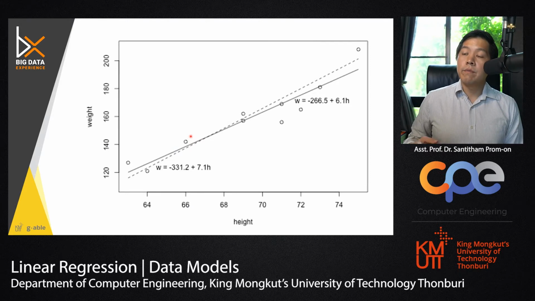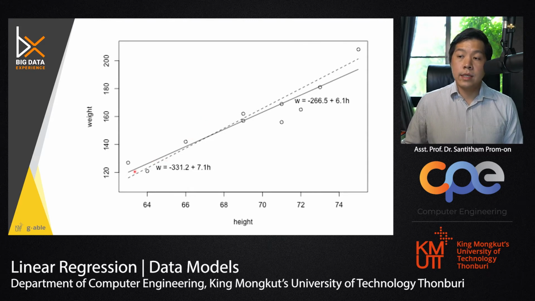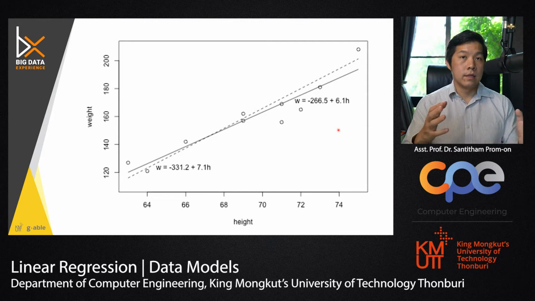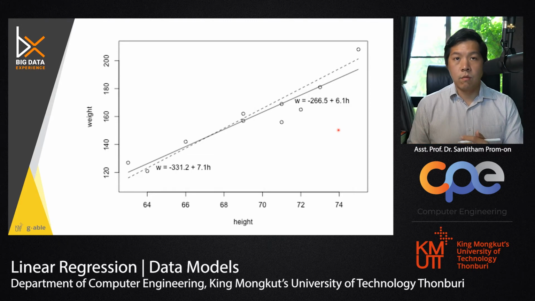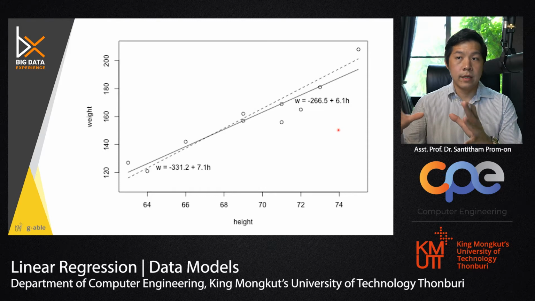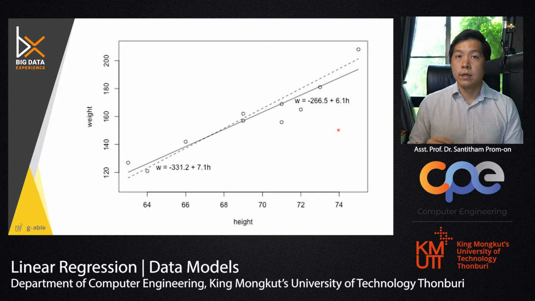So then it would be our task to determine how we can select the line that passes through the middle of the data points. Which one is better than which one? Whether the dashed line here or the solid line here, how do we know which is better? We want to determine the intercept value and the slope value that are suitable for being the line passing through the cloud of data.